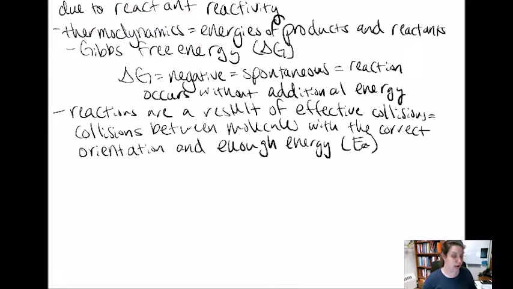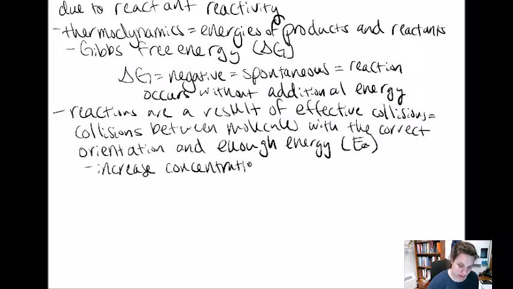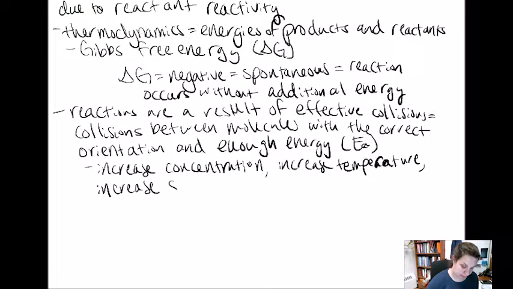So to get an effective collision, or to make it more likely to have an effective collision, we can increase concentration, increase temperature, increase surface area, or add a catalyst.